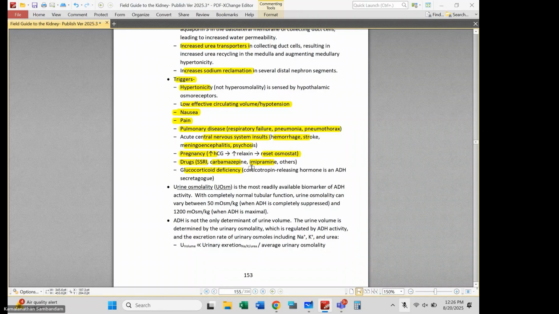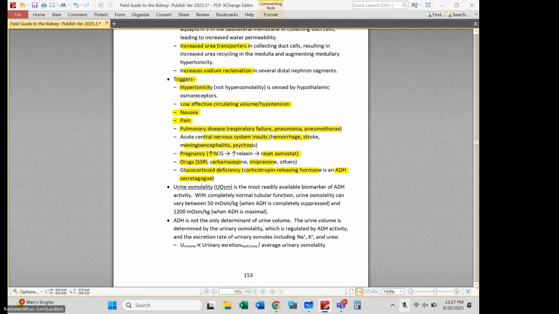Okay, so corticotropin releasing hormone stimulates ADH release. So if I have glucocorticoid deficiency, I have high CRH levels. CRH stimulates ACTH, if you recall, which stimulates cortisol production.